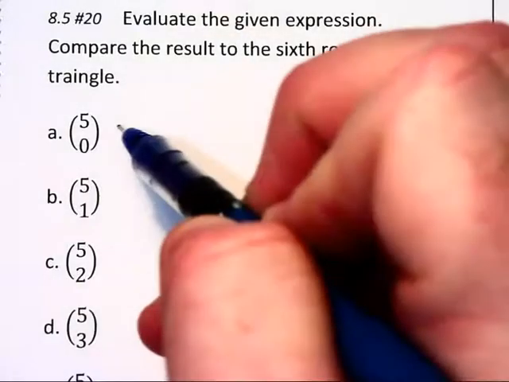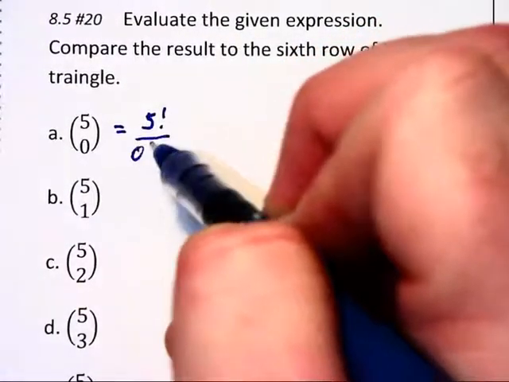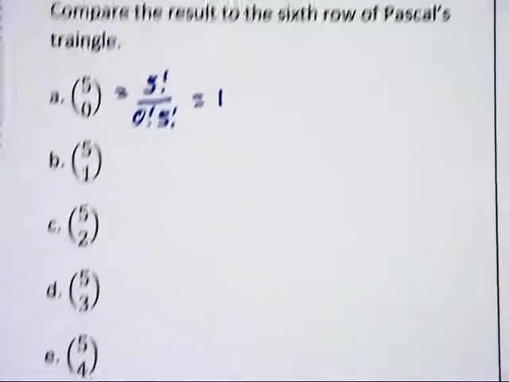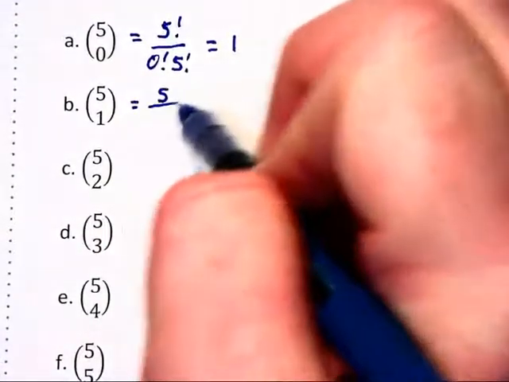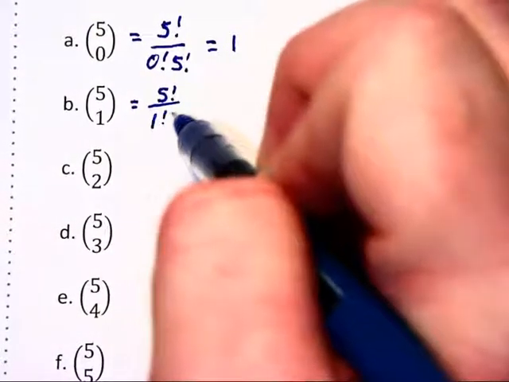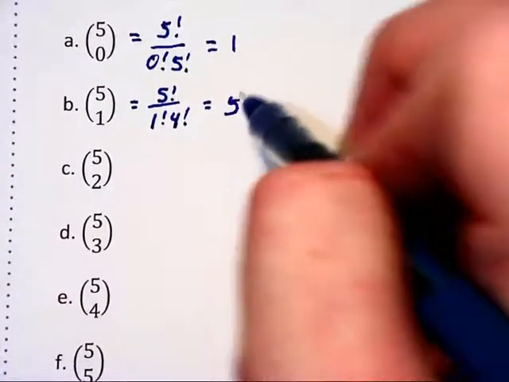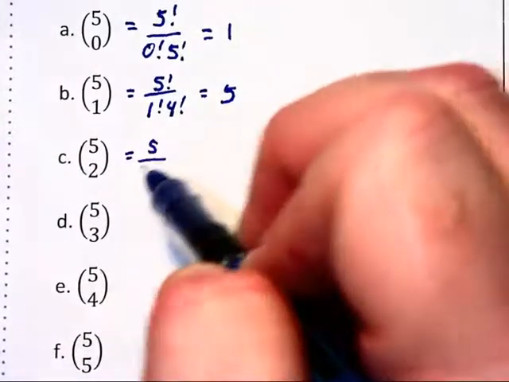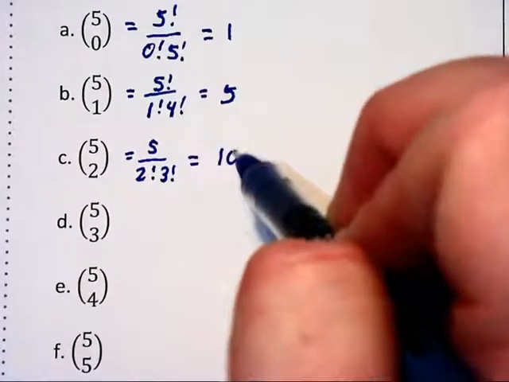In this first case, we would have 5 factorial divided by 0 factorial and 5 factorial, which is equal to 1. In the second problem, we would have 5 factorial over 1 factorial 4 factorial, which is equal to 5. In the next case, 5 factorial over 2 factorial 3 factorial, which is 10.